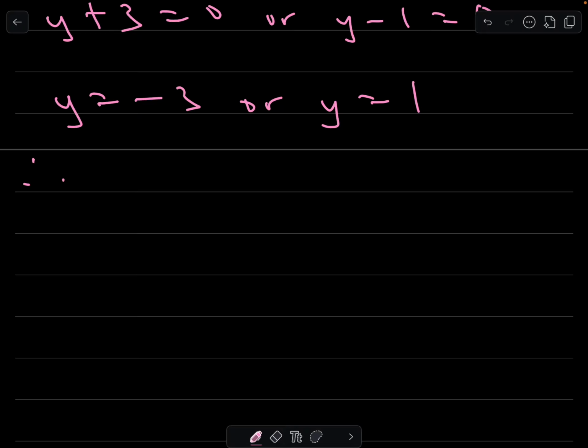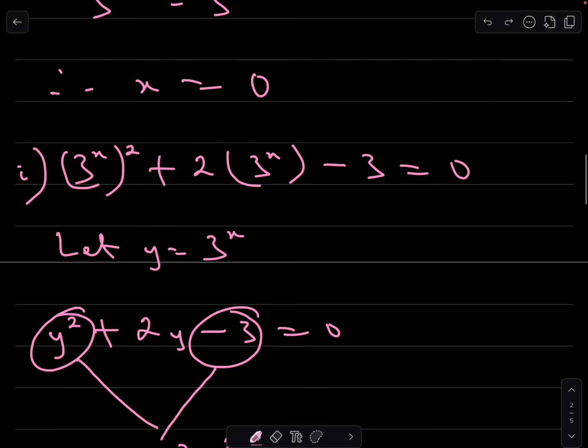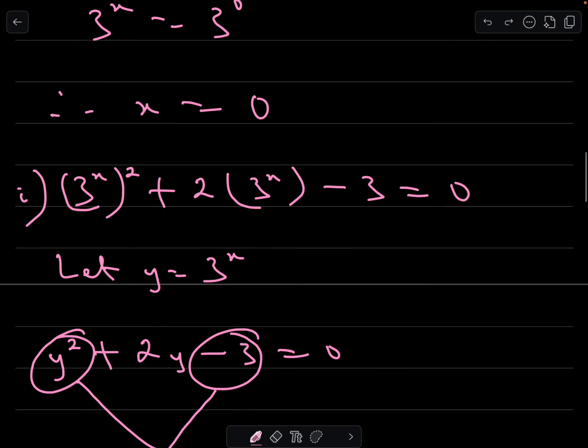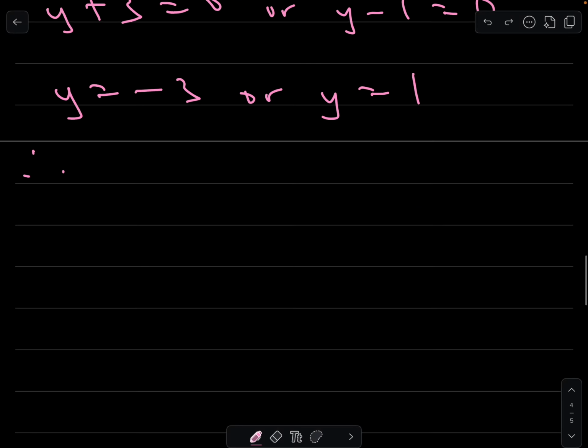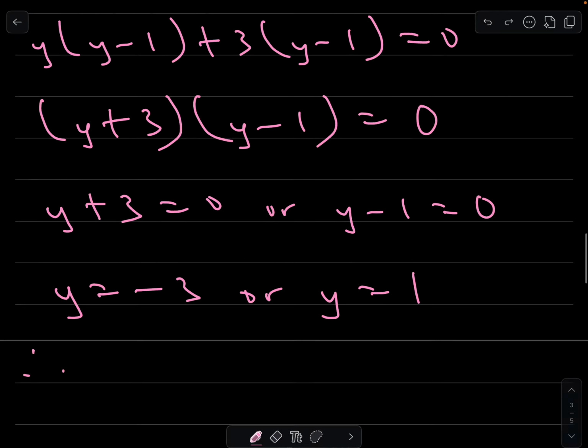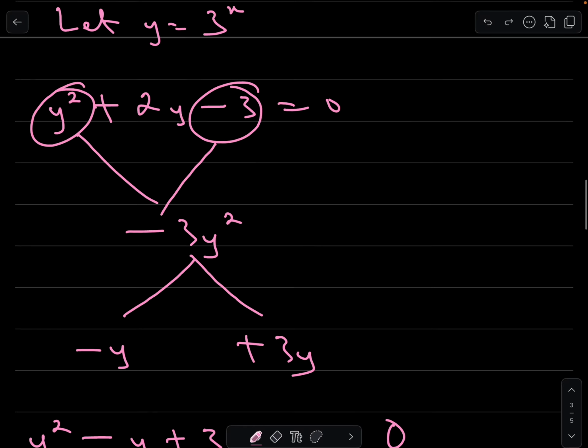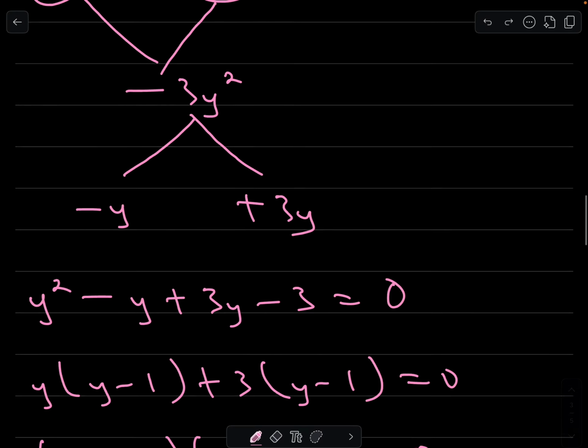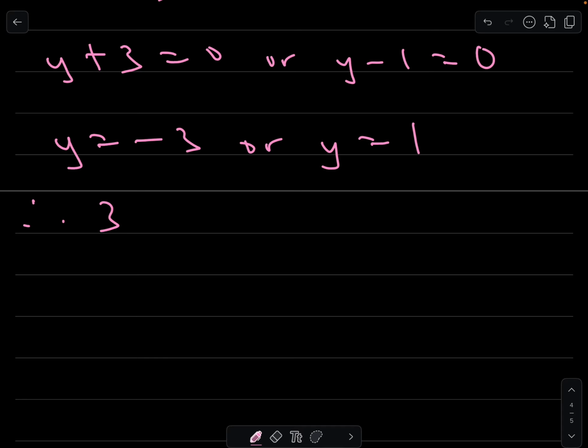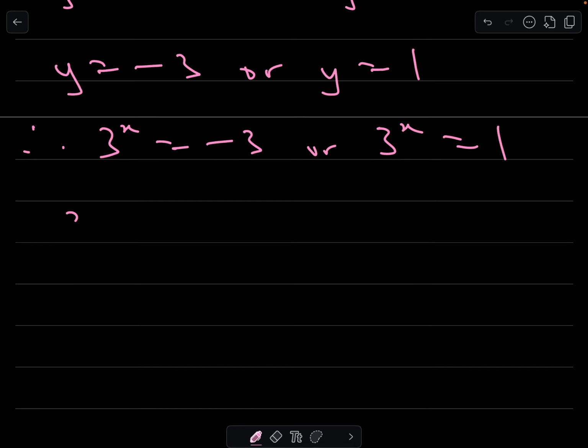Which therefore means y is not what we're supposed to find. We're supposed to find x. So that means y, but we know that y is 3 raised to power x. So that means 3 raised to power x equals minus 3 or 3 raised to power x equals 1. 3 raised to power x equals minus 3 has no solution.